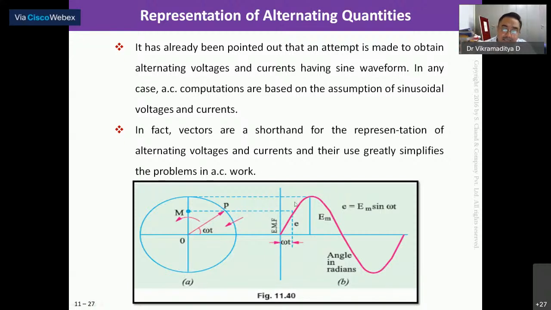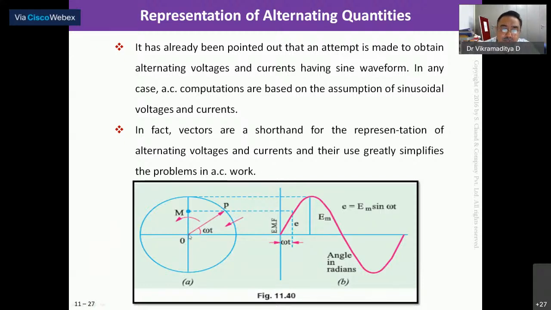So what happens if I take any point on this waveform? How to represent this waveform? Suppose it is making an angle of omega t, and small e is the value at this point. How will we represent it? Suppose the magnitude is 5 volt. I will draw two straight lines, horizontal and vertical, just as in a Cartesian coordinate system, and make the meeting point the origin.